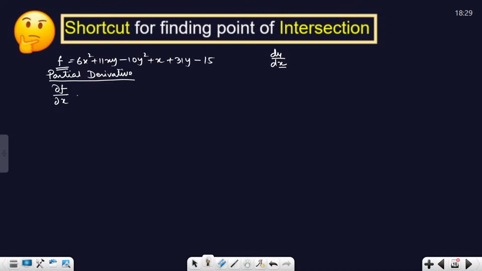With respect to x, y is constant. So what will you get? 12x, only x is the variable, plus 11y plus 1. Okay? And find the partial derivative with respect to y, where everything, including x, is constant. So this is 0, this is only 11x.